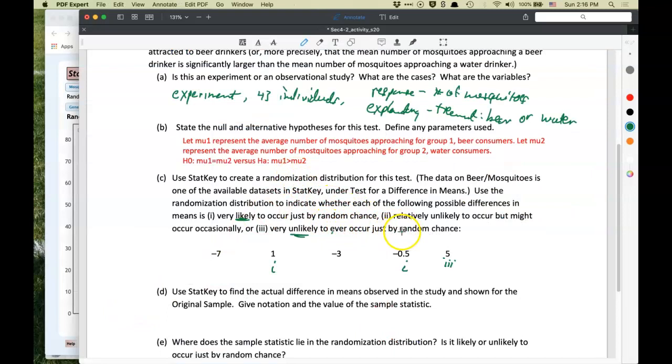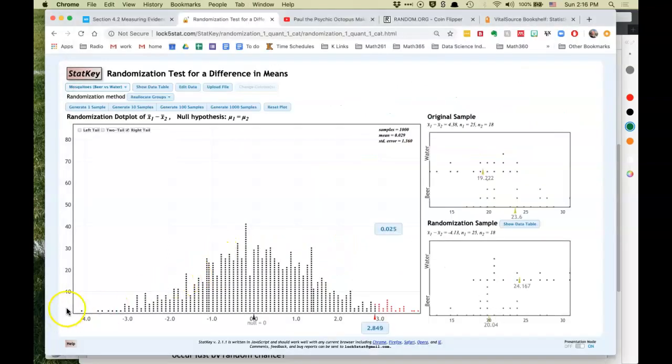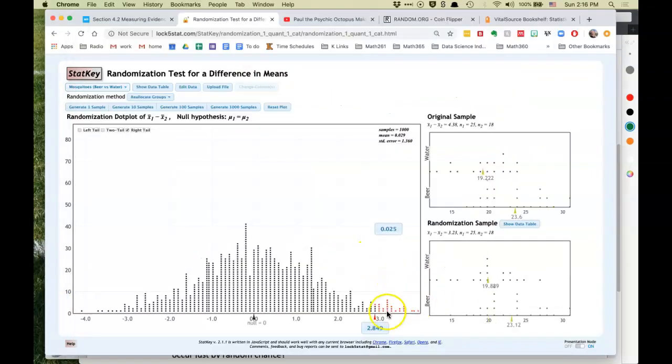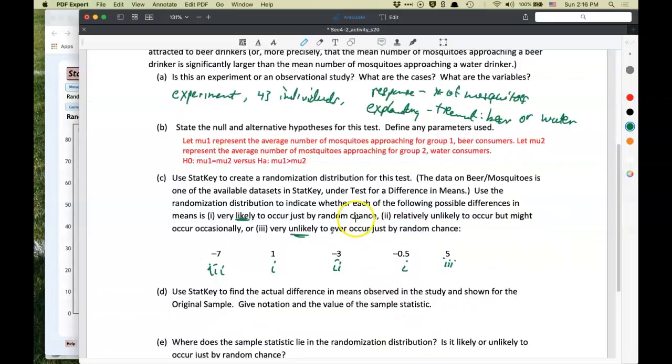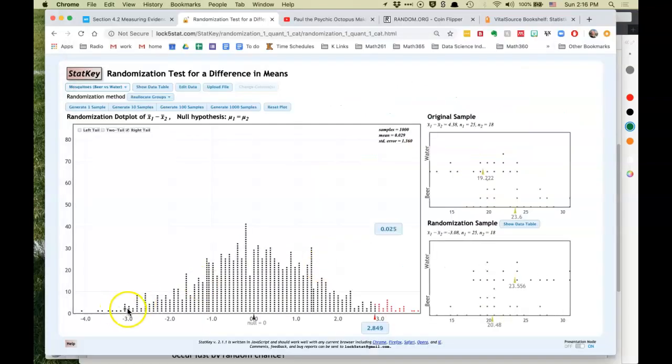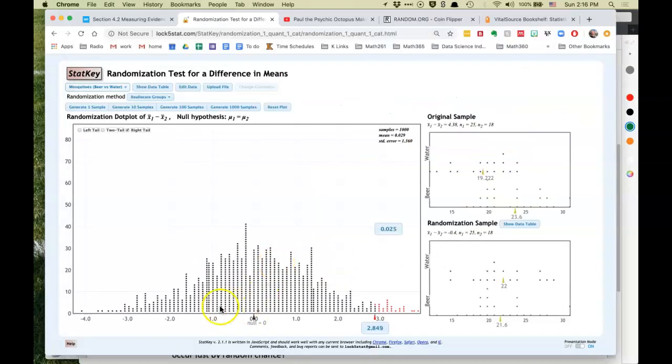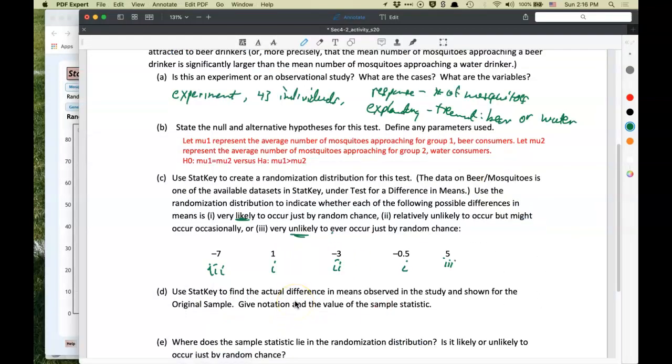All right, relatively unlikely, but might occur. And negative 7 is totally unlikely, so that's also very unlikely to ever occur. The 5 was off the charts as well, so that was unlikely. So the only one that was relatively unlikely but might occur seems to be negative 3, not 1. 1 was quite likely to occur. That was here.